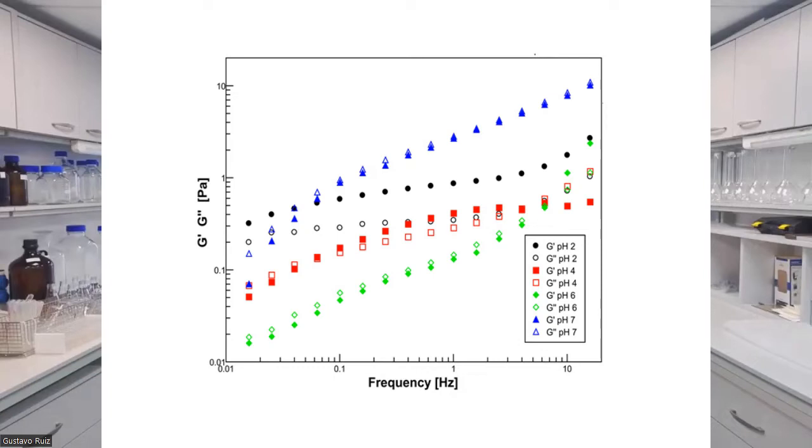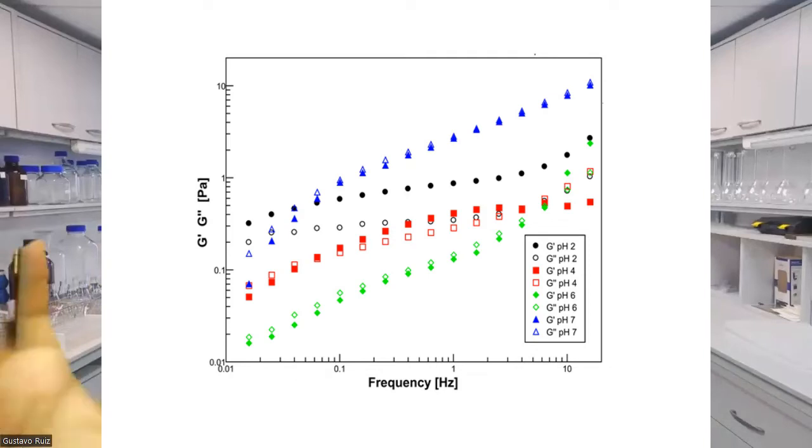That is expected because mucin, that is the main responsible of the viscoelastic properties of mucus, exhibits an isoelectric point around 3. So the change in the conformation of the mucin is about that value.